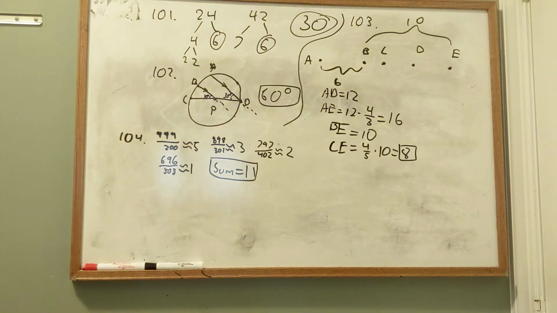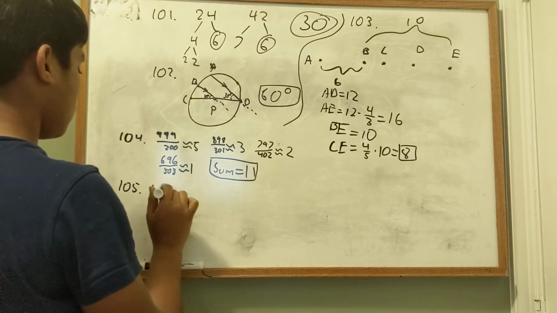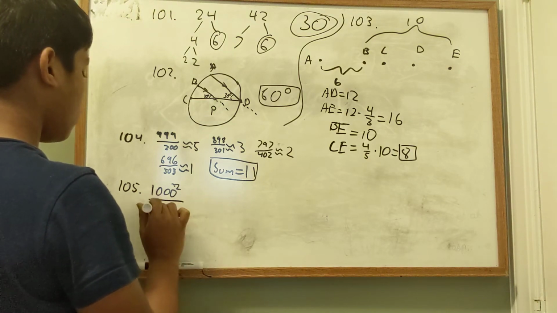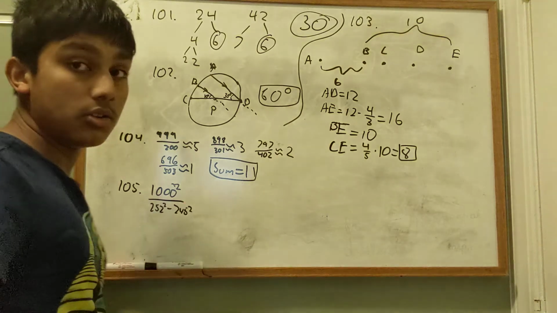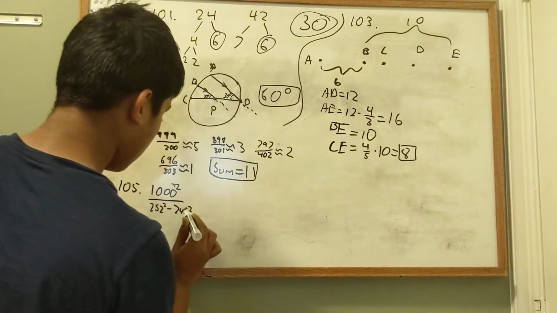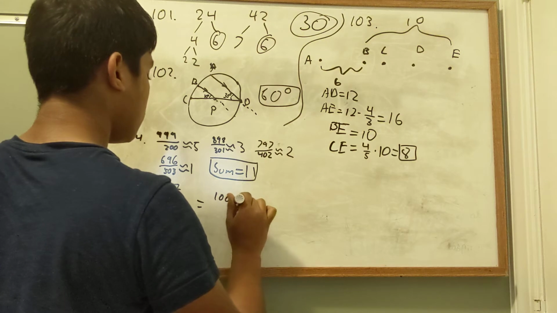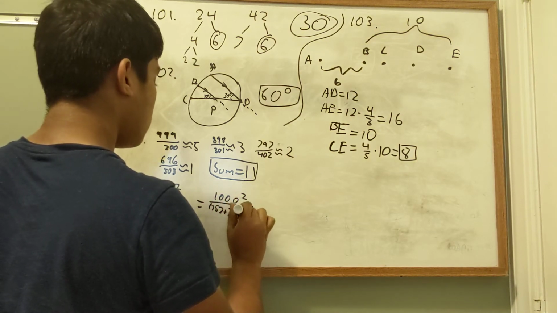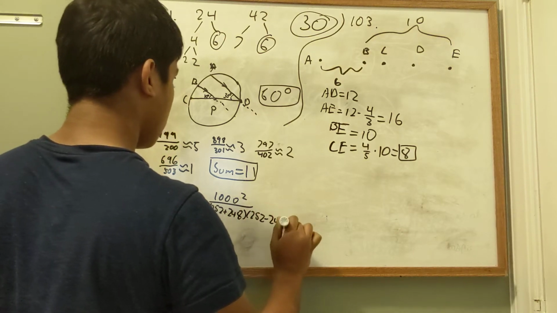105. So it asks us what's the value of 1,000 squared over 252 squared minus 248 squared. We can use the a squared minus b squared identity on the bottom, and we get that 1,000 squared is over 252 plus 248 times 252 minus 248.